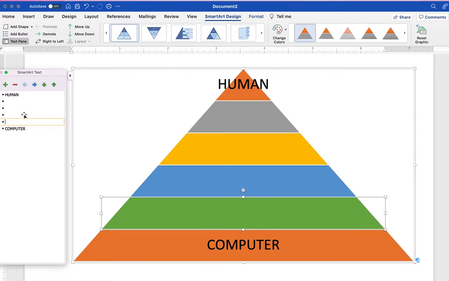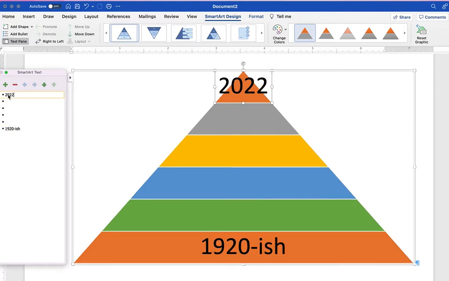So not only are we tracking this goes through, but we're also tracking time. Okay, so I want you to imagine that this is like the year 1920-ish, okay? And up at the very top, at the time of making this video, it's the year 2022. So we're also taking into account about 100 years worth of time and modifications into this process.